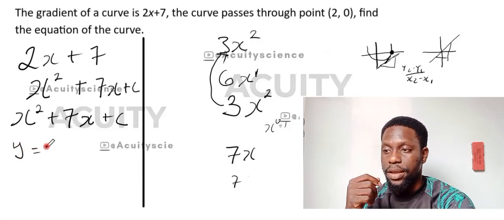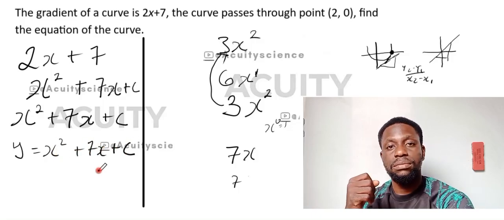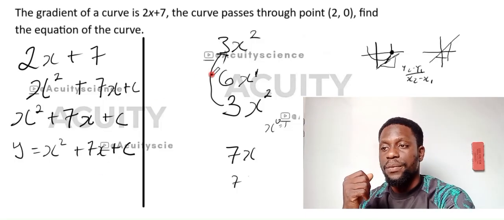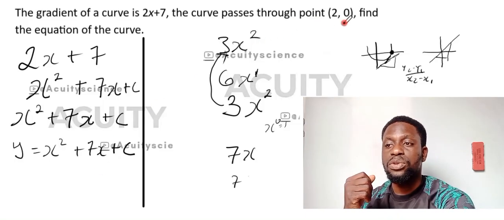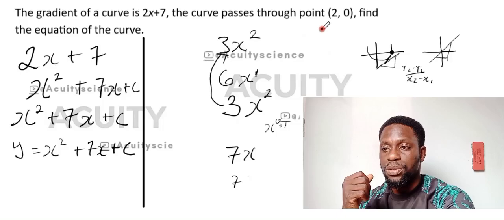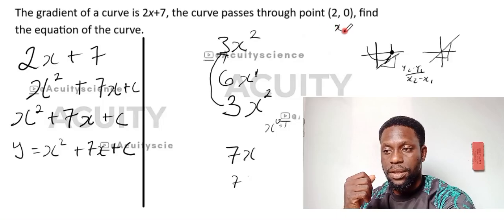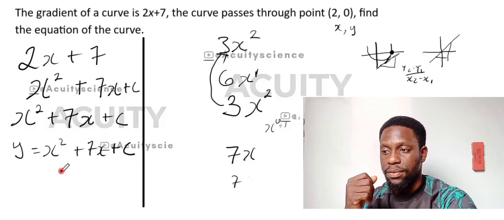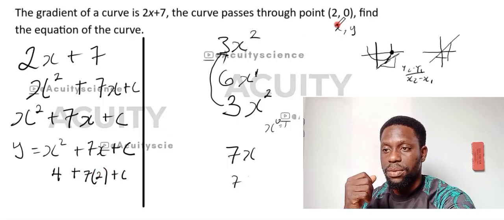So y equals x squared plus 7x plus c. Now, because it passes through this point 2, 0, we're going to put in x and then y. This is how it's written. So we're going to put 2 in place of x. So 2 raised to power 2, that's 4, plus 7 times 2, plus c.